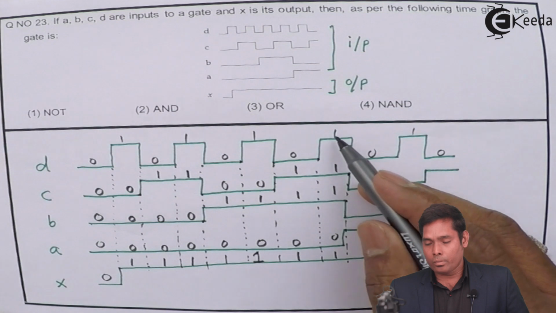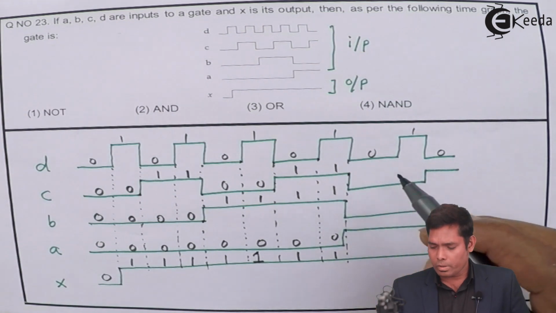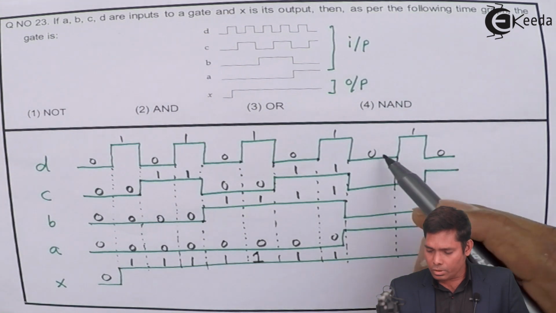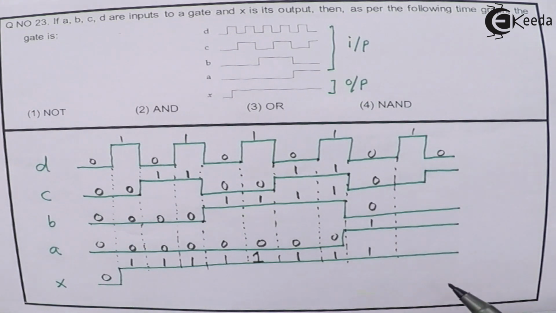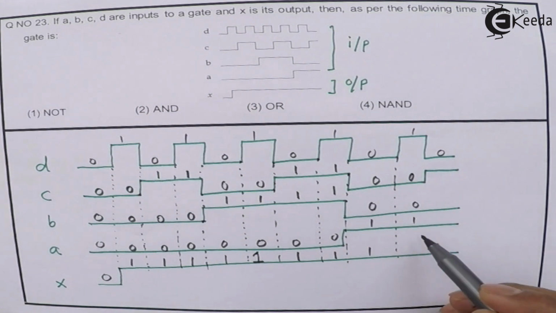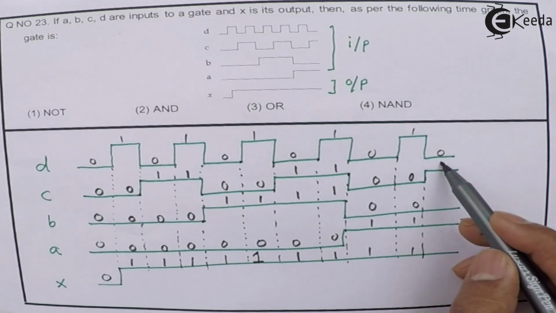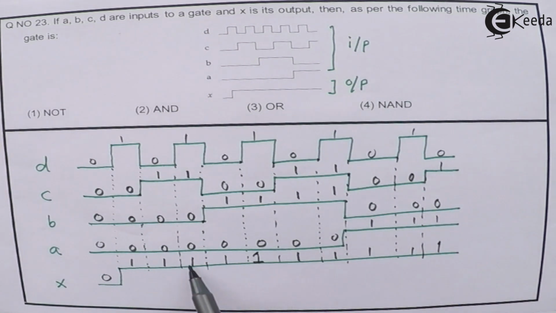So only one is required to make the output 1. Again here it is 1, and here the output is 0.